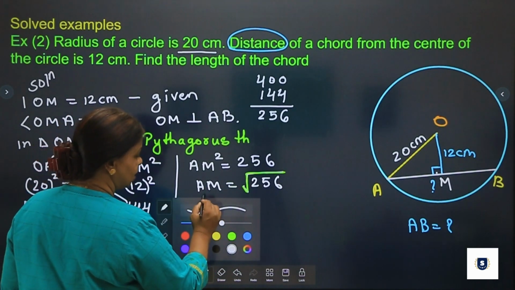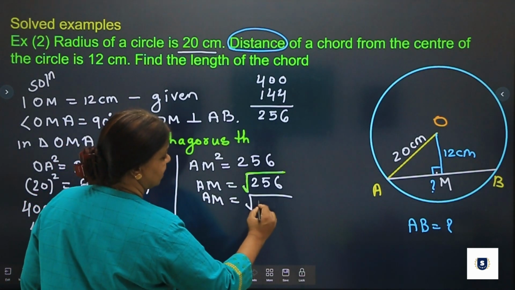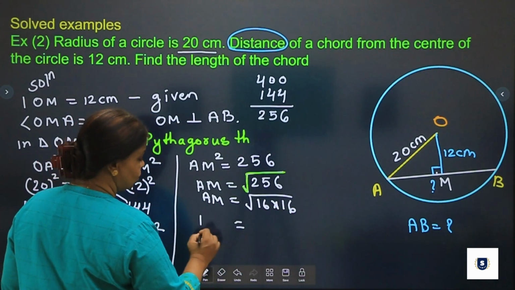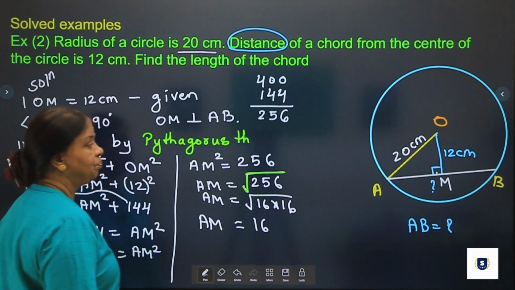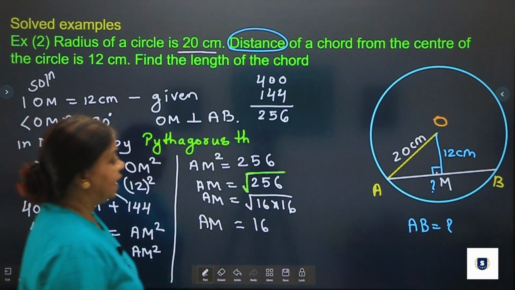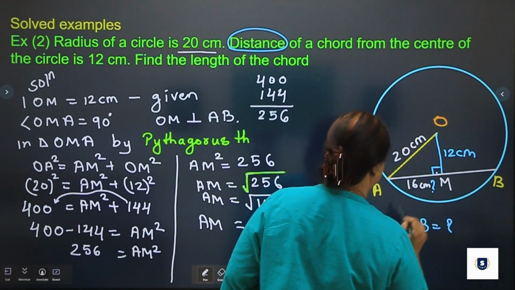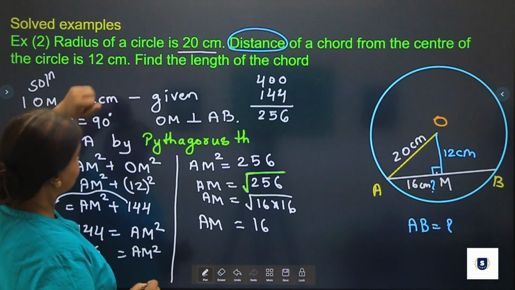Then what will be the square root of 256? 16 into 16. If 16 is 2 times inside the root, it will be 1 time outside the root. So AM is equal to 16 centimeter. Okay? Find the length of the chord.